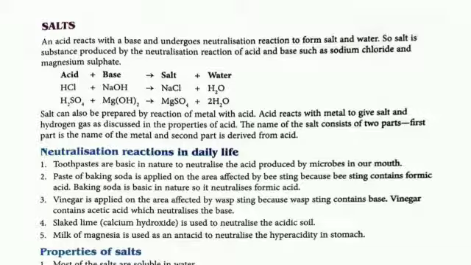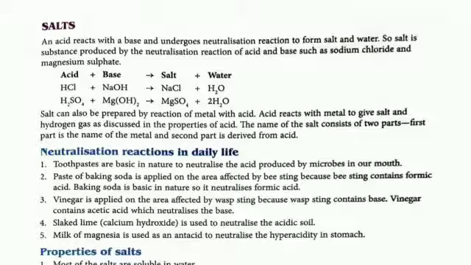So salt is a substance produced by neutralization reaction of acid and base. For example, sodium chloride, magnesium sulfate, all are salts. How? Look, here is an example, acid plus base gives salt plus water.